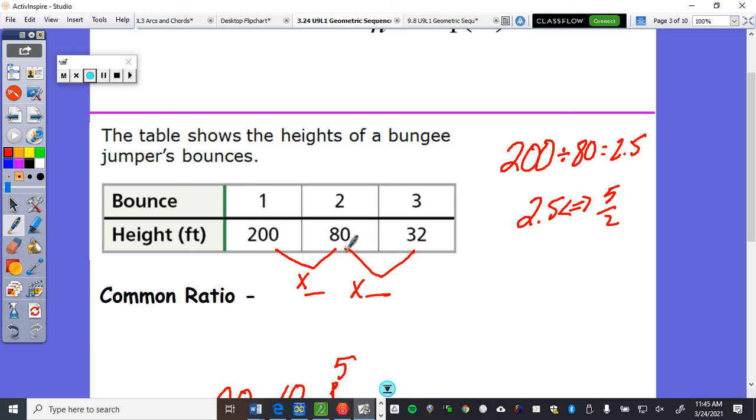What am I multiplying here? 2 over 5. So in this case, my common ratio is 2 over 5.